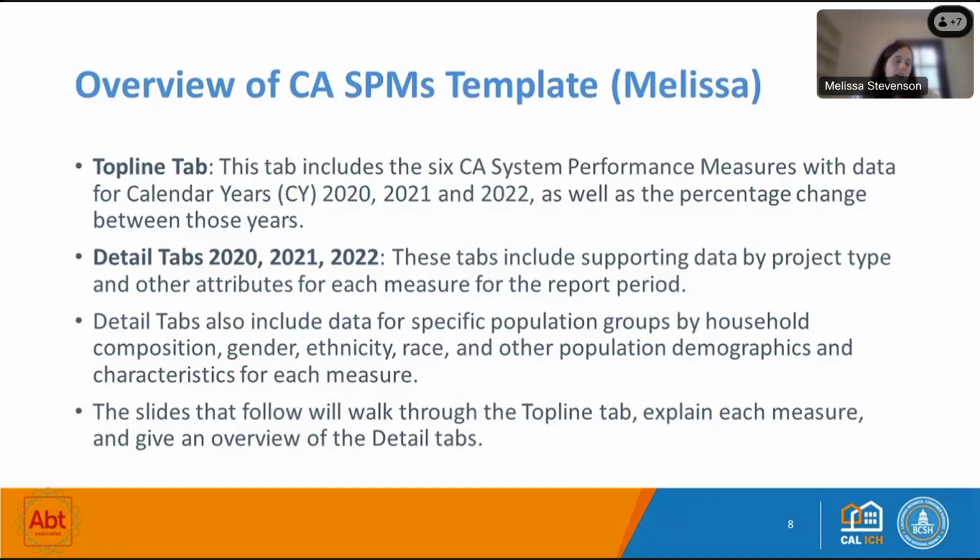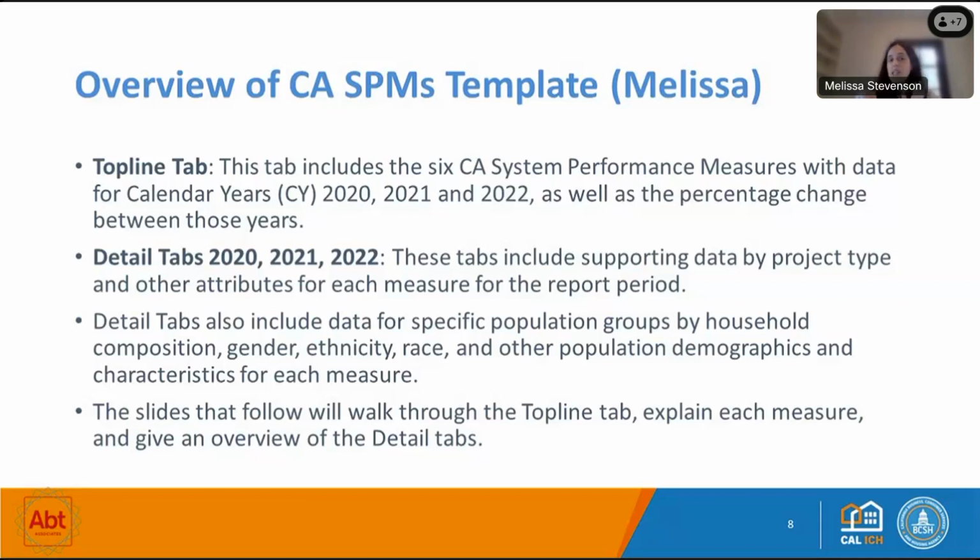There are also detail tabs for all 3 years included in this round of the report, 2020, 2021, and 2022. So there's a separate tab for each year with details. That's supporting data by project type, as well as some other attributes, which we'll talk a little bit more about as we proceed through this webinar. And that information is there to help you understand the top line numbers and give you some more context as well. The detail tabs also include data for specific population groups.